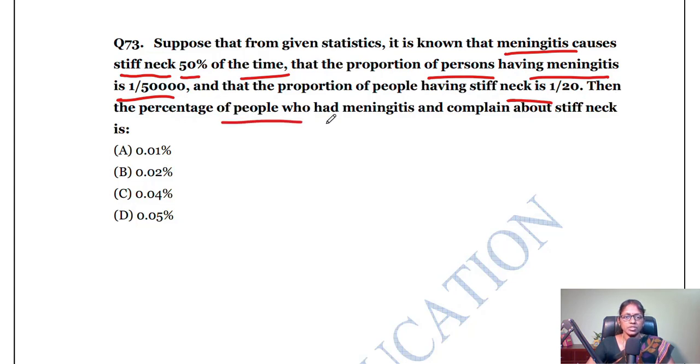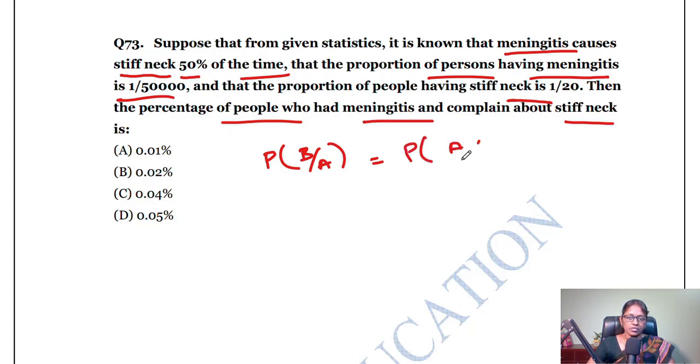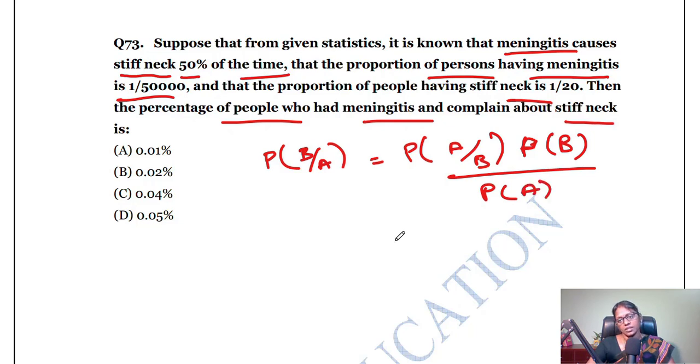Then what is the percentage of people who have meningitis and complain about the stiff neck? So this is Bayes' theorem: probability of B given A is probability of A given B into probability of B, divided by probability of A. So here you have to apply this.